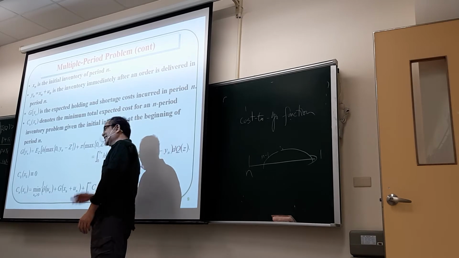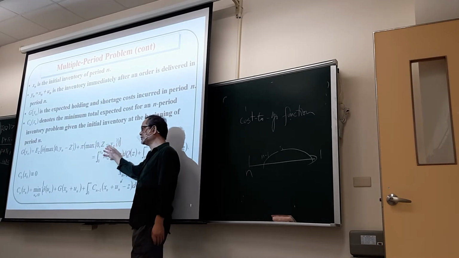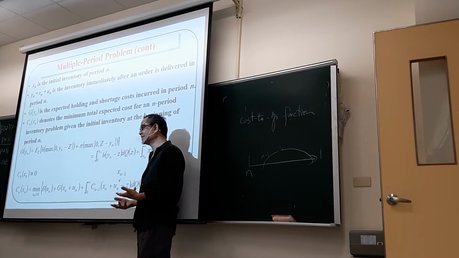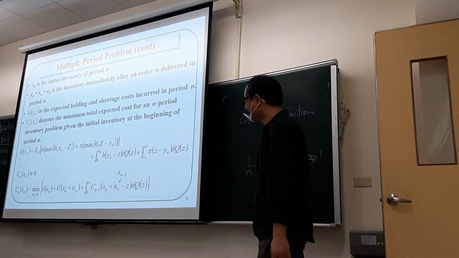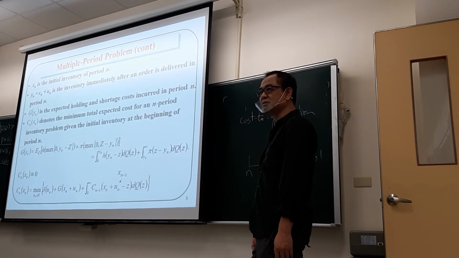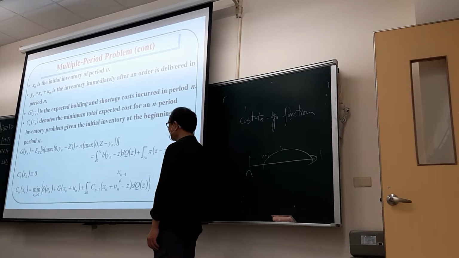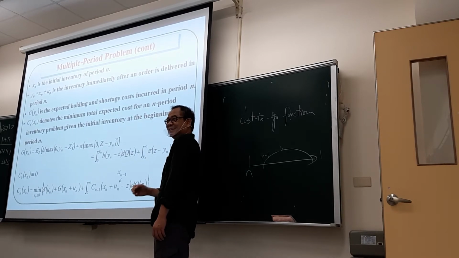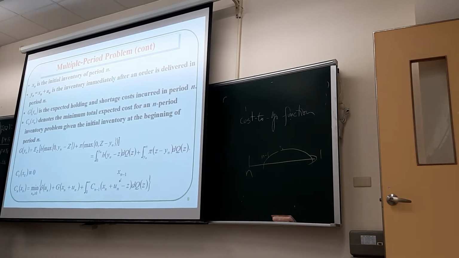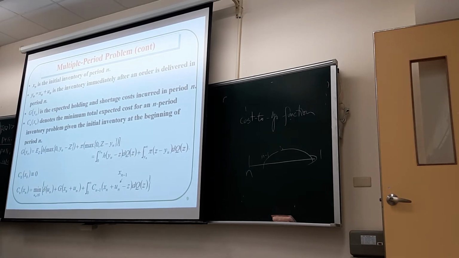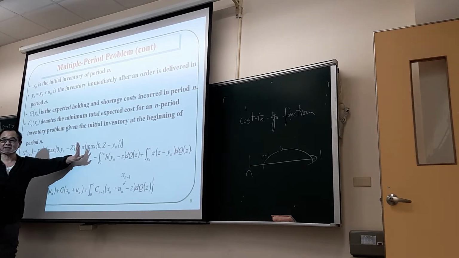I don't like this one, but if we write this kind of formula, it looks fancy, right? Professor Wen likes writing this, but I prefer this one, more intuitive. You see, this is overage, right? This is underage.